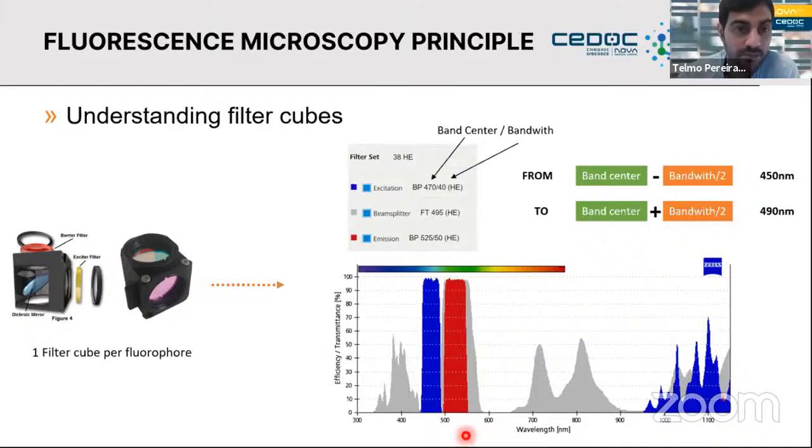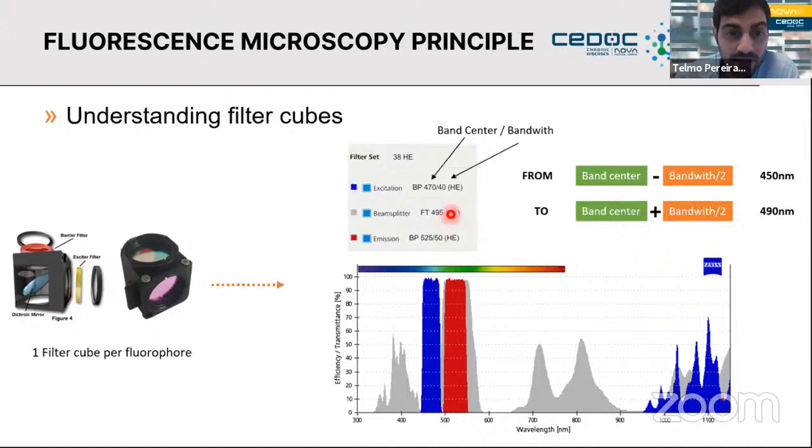Sometimes you have this information, sometimes you don't. You can read this as the percentage of transmittance of a specific signal, and you can see it's more or less from 450 until 490. That's where you get the highest band pass for the excitation, and you can do the same for the emission.